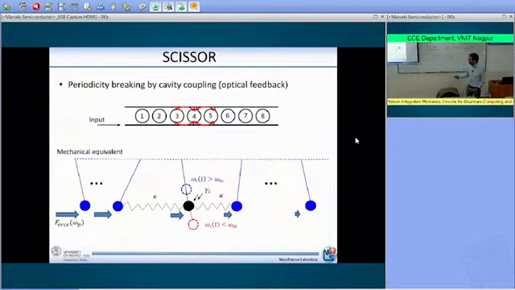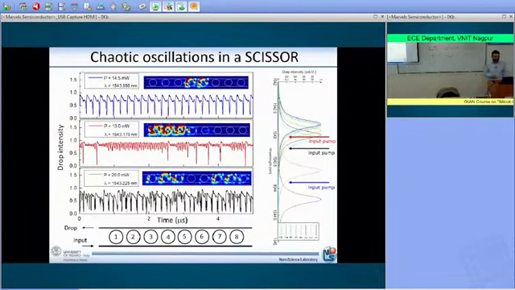It's exactly the situation of a sequence of pendula, where each one of these pendula is coupled to the nearby pendulum by a spring. And so it's quite a messy, complicated situation. And so what happens is the following, okay?